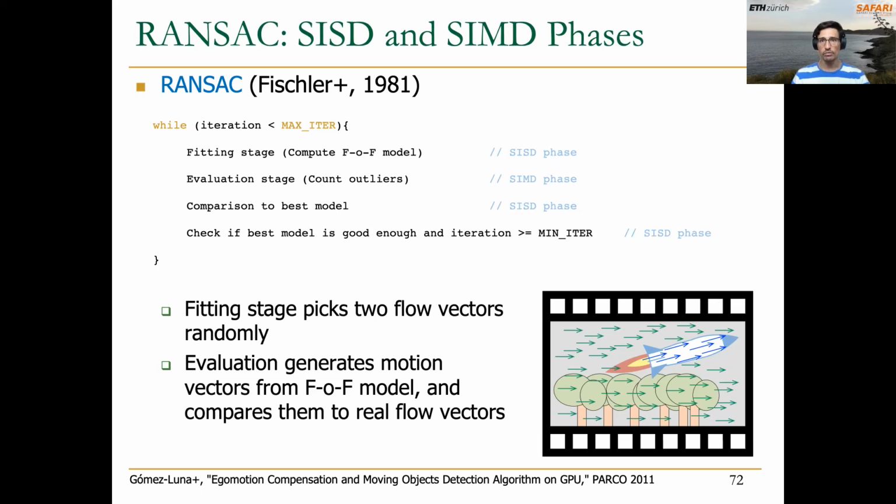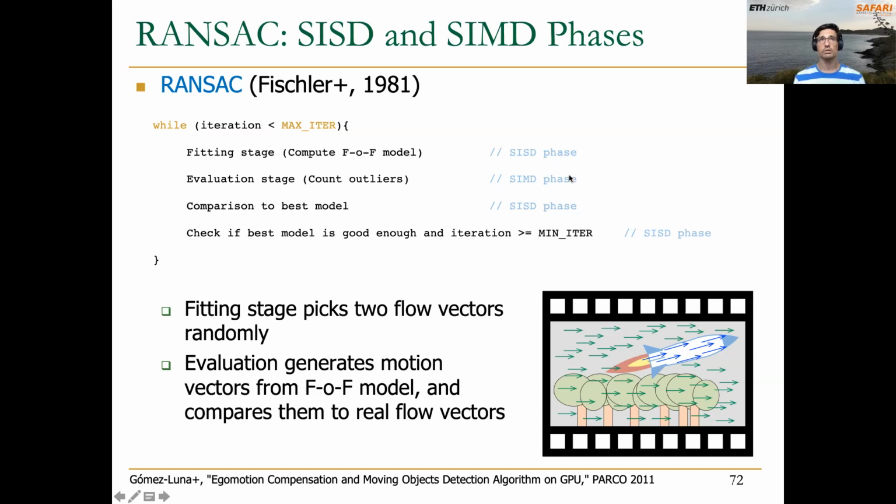There are some interesting observations here. The first one is that these different stages have more or less data parallelism. There are phases that are inherently sequential, like the fitting stage or the comparison to the best model, while the evaluation stage is a SIMD phase.